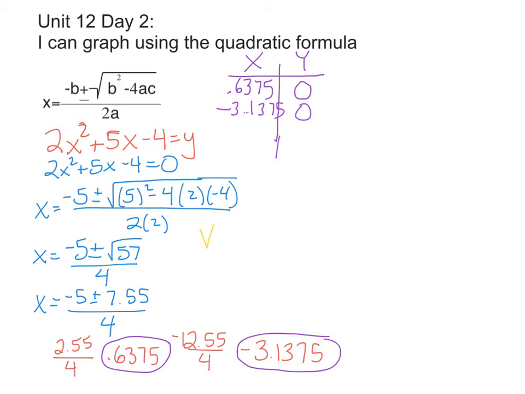For the vertex, okay, it's been a little while, but we add these two values together, 0.6375 plus negative 3.1375 and divide by 2.